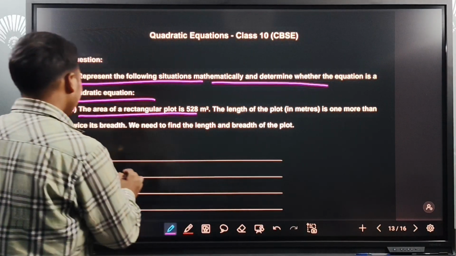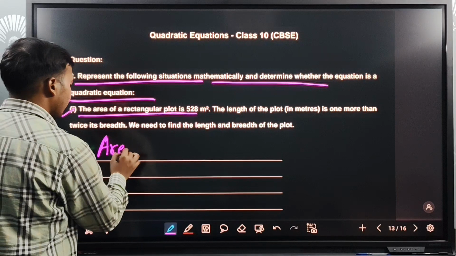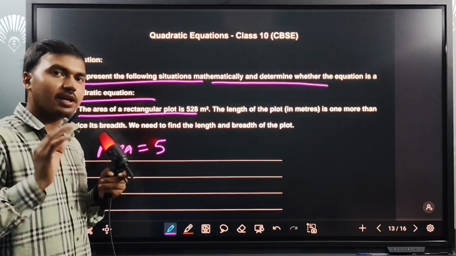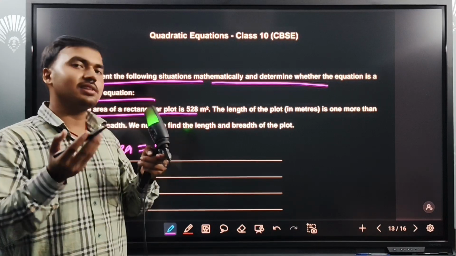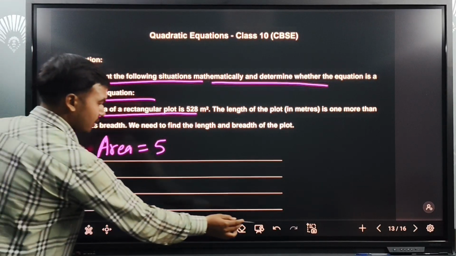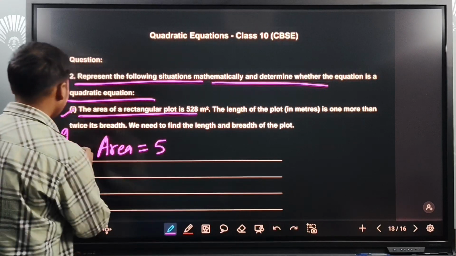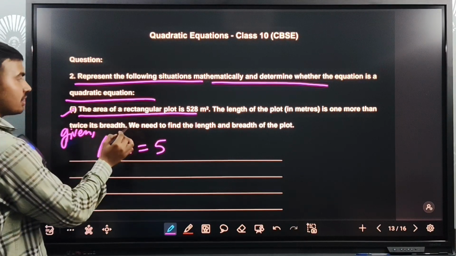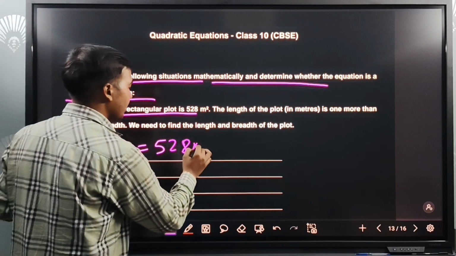For solving any question, firstly we will write the given part. Given that the area is 528 meter square.